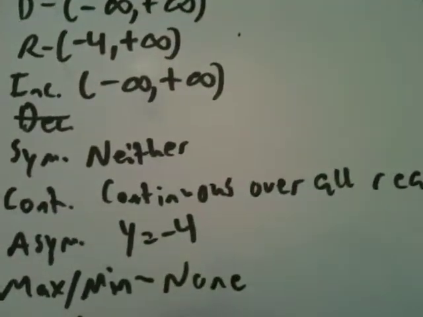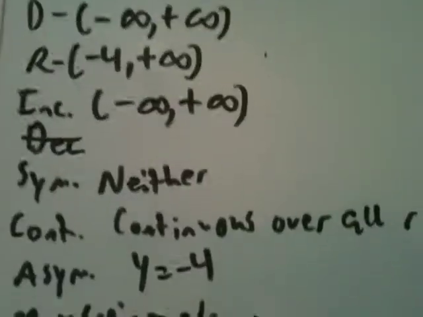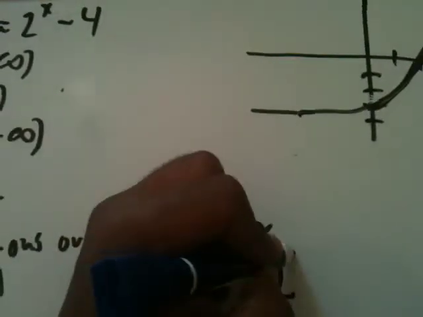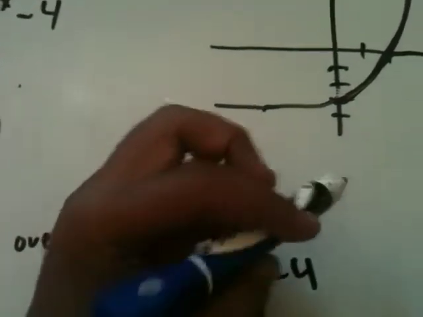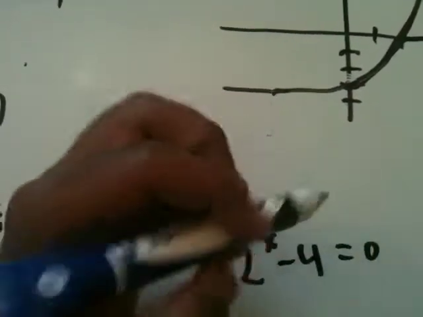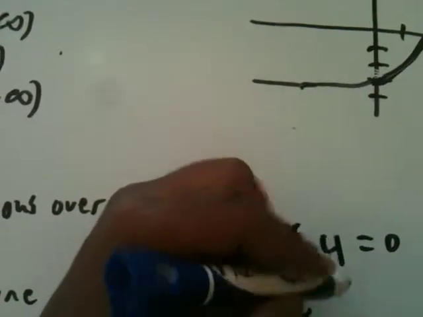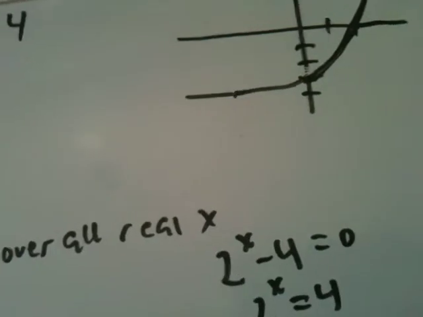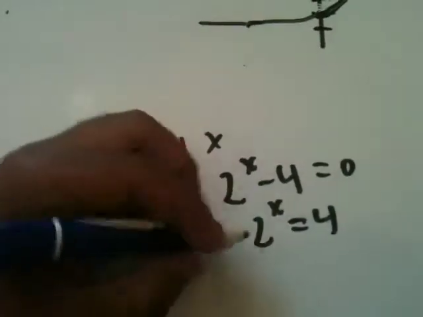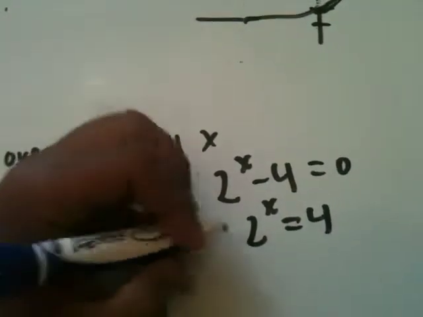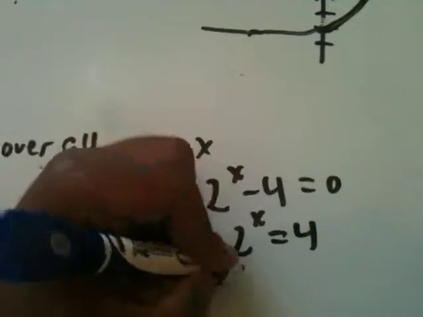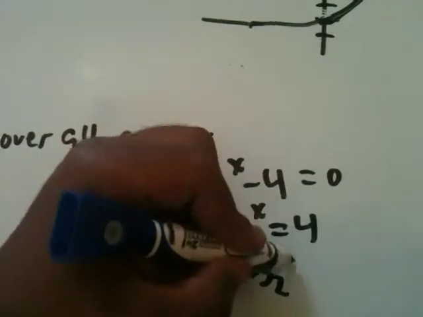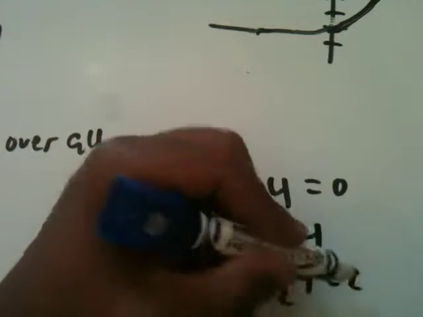And now for intercepts. For an x-intercept, we set this equal to 0 and solve. So 2 to the x minus 4 equals 0. That's 2 to the x equals 4. If we take the logarithm base 2 of both sides, we get x equals log base 2 of 4, which is 2.